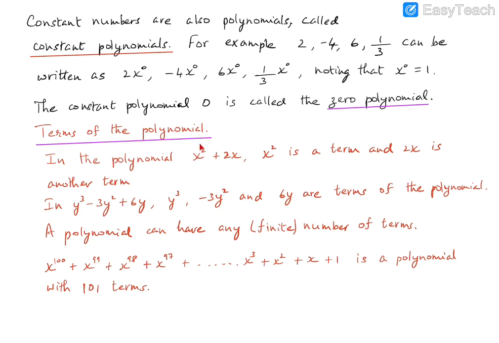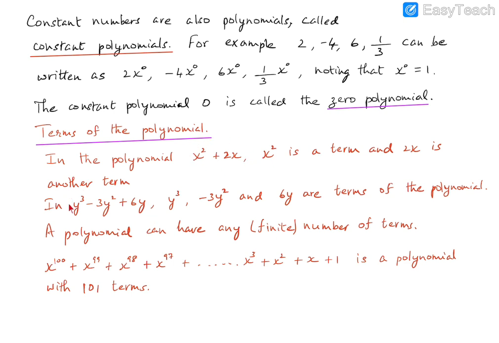Let's look at this example, x squared plus 2x. In this particular polynomial, there are two terms. The first term is x squared, and 2x is another term. So there are two terms in this first example.